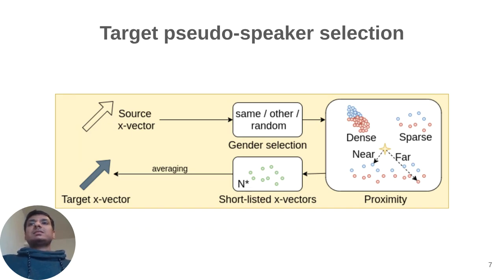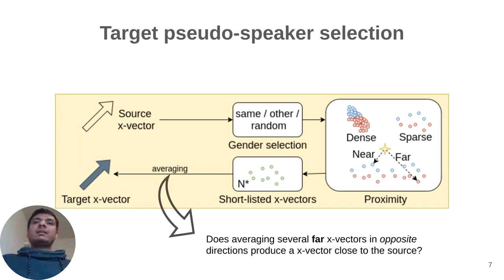After selecting these regions, we select n star X vectors from this region, and then we average these X vectors. Now, some of you might be wondering whether if we average the X vectors which are in opposite direction relative to the source, it might result in an X vector which is close to the source. We will try to also answer this question in due course of time.